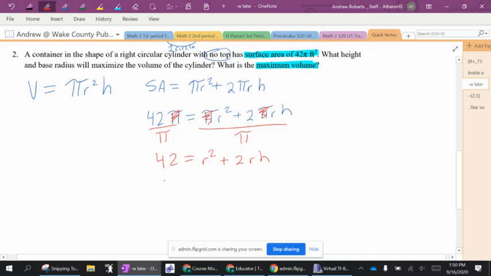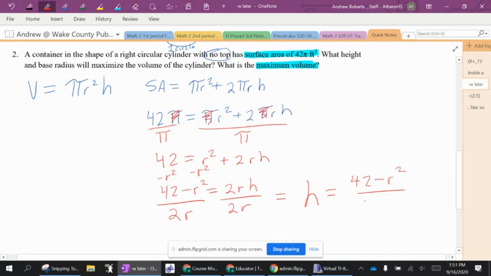So I'm going to start by subtracting r squared from both sides. Then I can divide both sides by 2r. And I'm left with h equals 42 minus r squared divided by 2r.